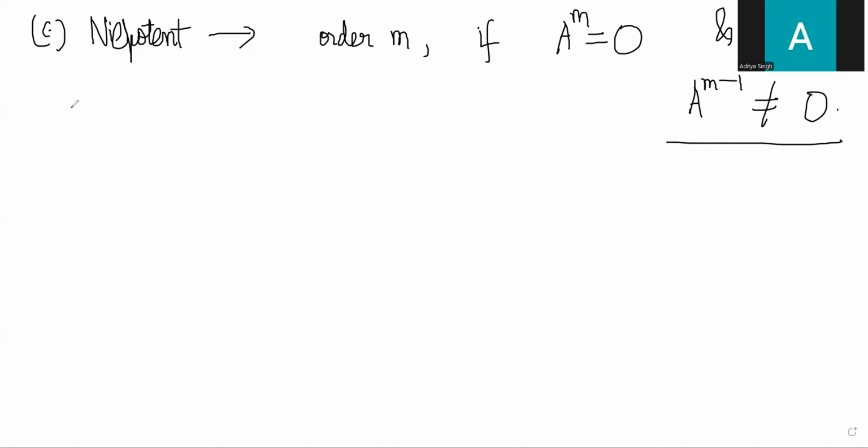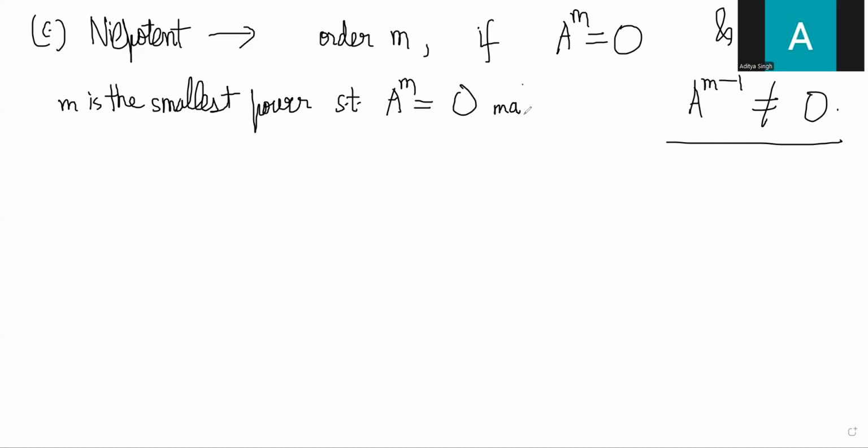So basically, m is the smallest power such that a power m is the same as the zero matrix. Correct? Yes. And that smallest power m is called the order of the nilpotent matrix.